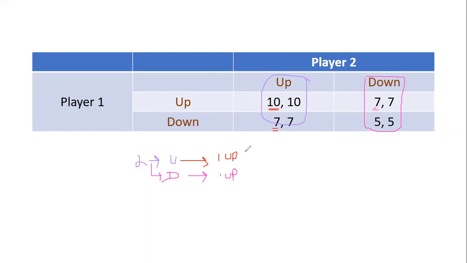This tells us that for player 1, out of these two strategies, up and down, up is the one which always guarantees him the maximum payoff, no matter whatever choice player 2 makes. So we can say that for player 1, up is a dominant strategy.